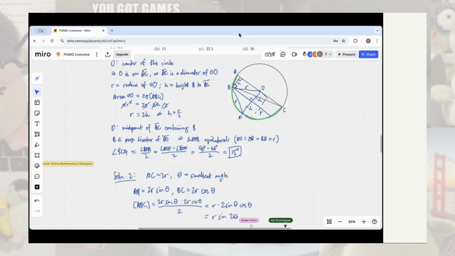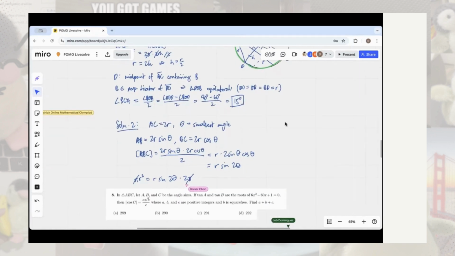Now we use the ratio being 2 pi. That will mean that pi r squared equals r squared sine 2 theta times 2 pi.